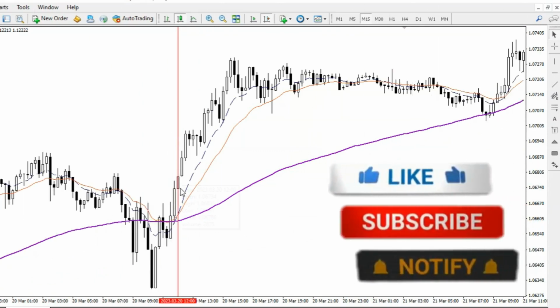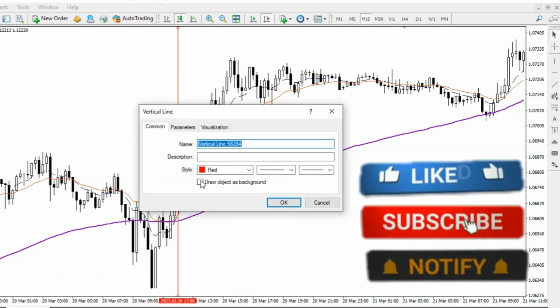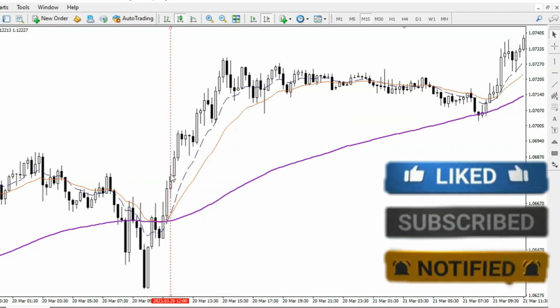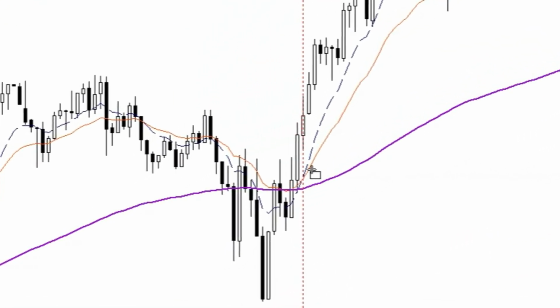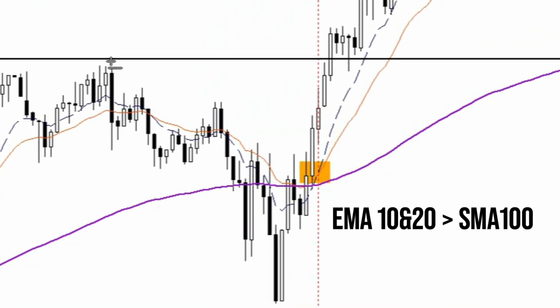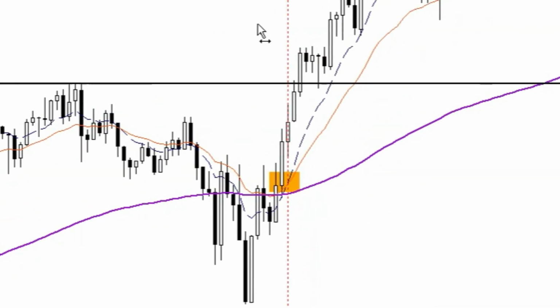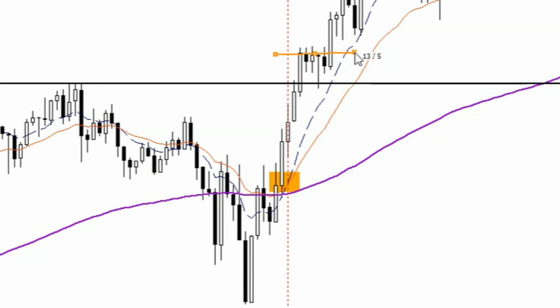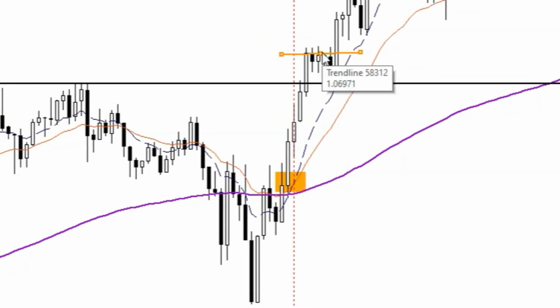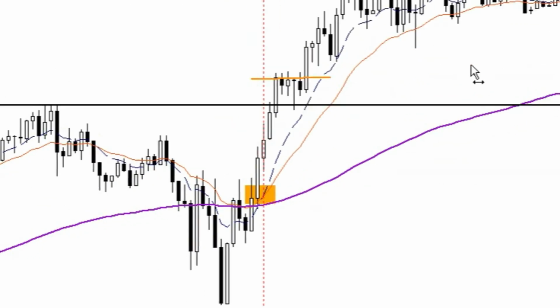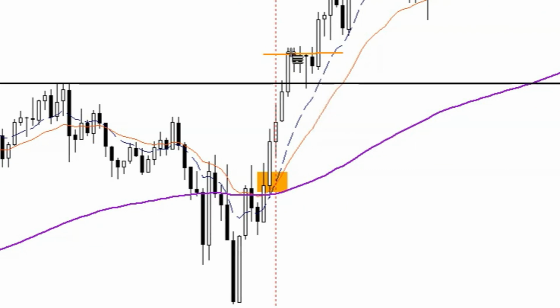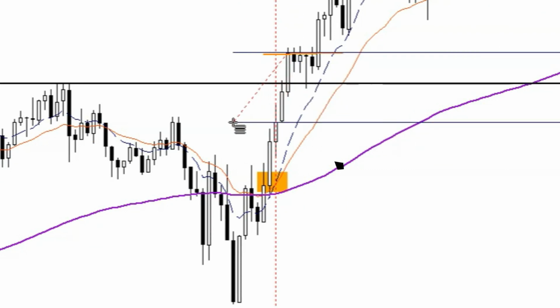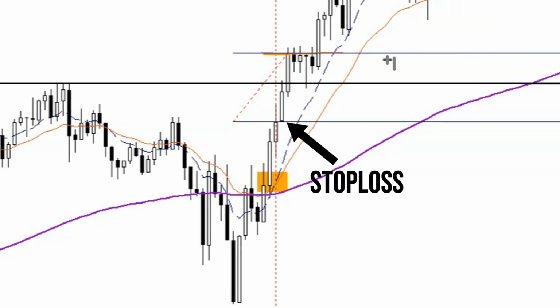Now let's examine the chart history more and also figure out the stop loss and target. Since both EMAs were above SMA 100 in this example, the market was in an uptrend. So after the buy signal and upside breakout of the recent swing highs, we take the buy trade at the close of the signal candle. To determine the stop, use the low of the candle before the signal candle.